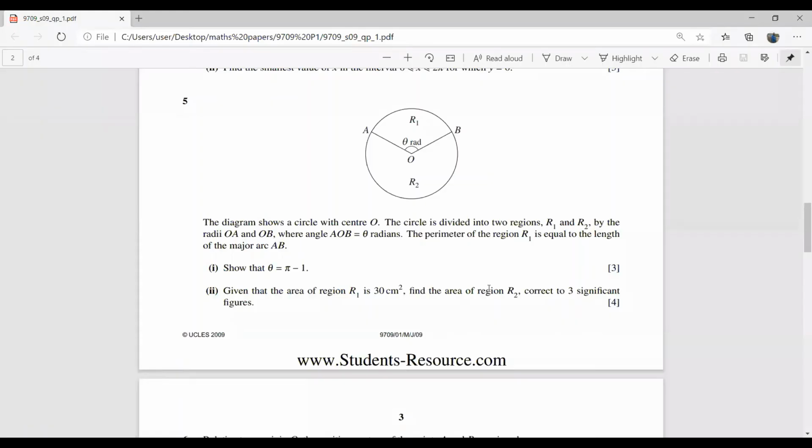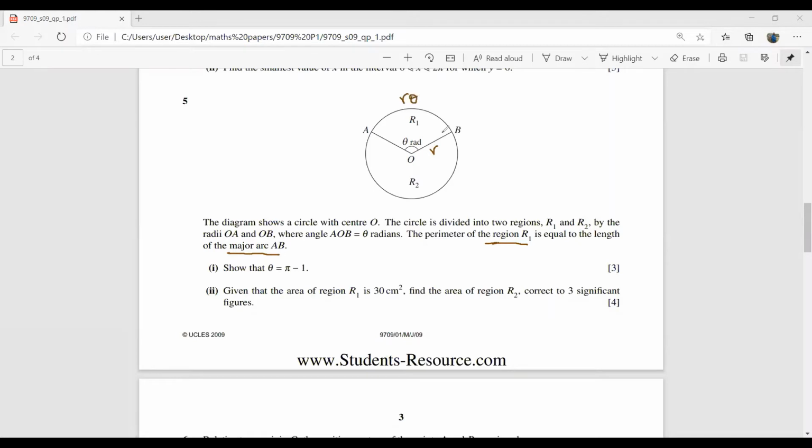In this fifth question, in the first part, it says to show that theta is pi over pi minus 1. We're given a condition here that the perimeter of this R1 is equal to the minor arc AB. If the radius over here is, let's say, R, can I say the minor arc is R theta?